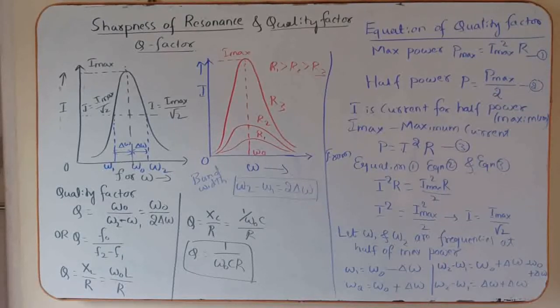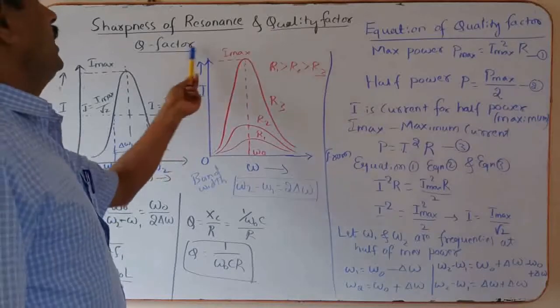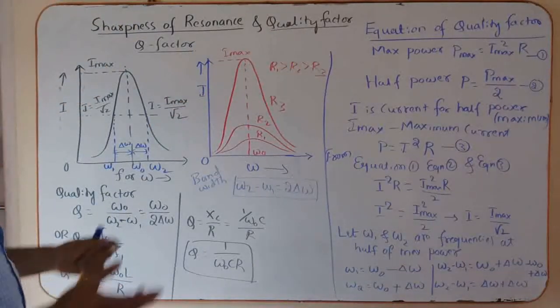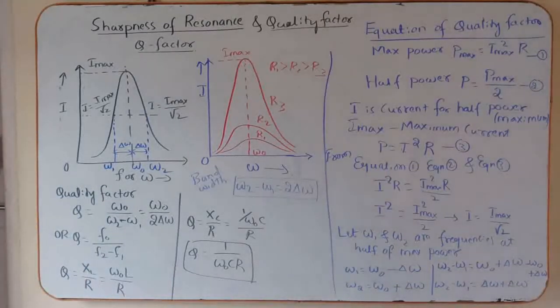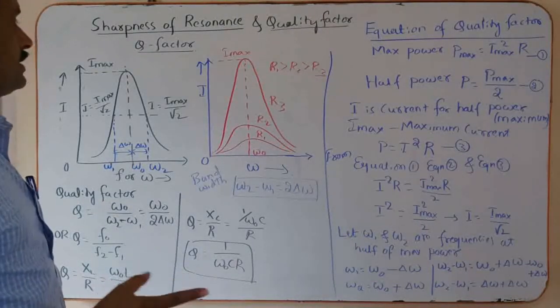Now, today in this video clip, I want to discuss sharpness of resonance and quality factor. In the previous video clip, you already learned about electrical resonance and resonant frequency.